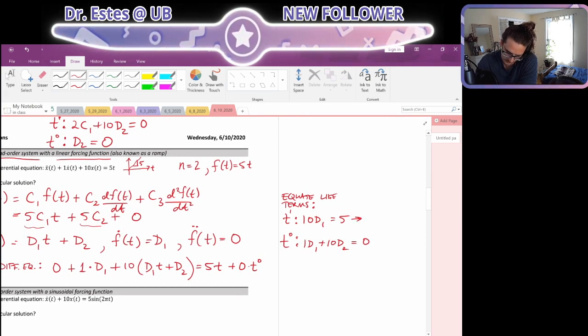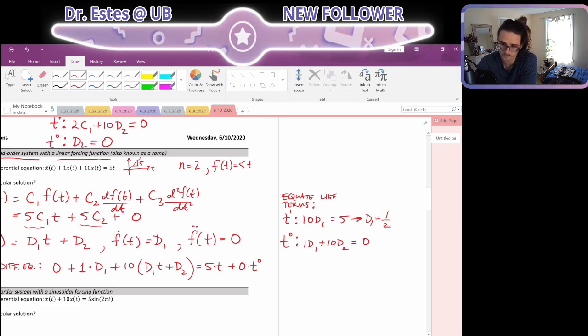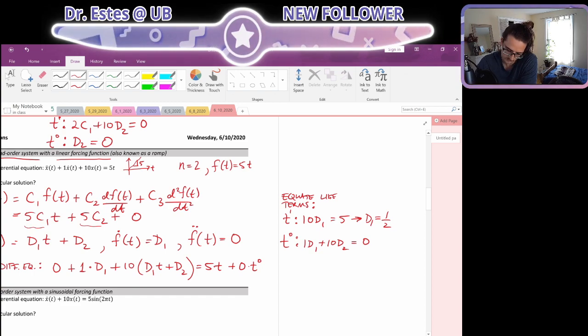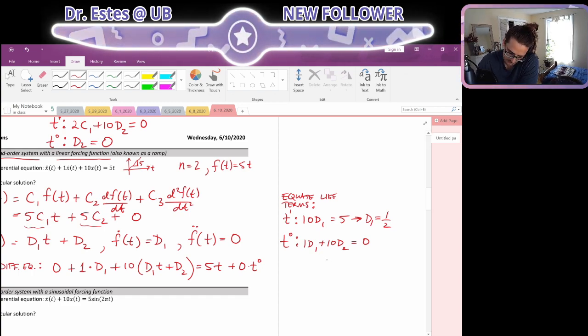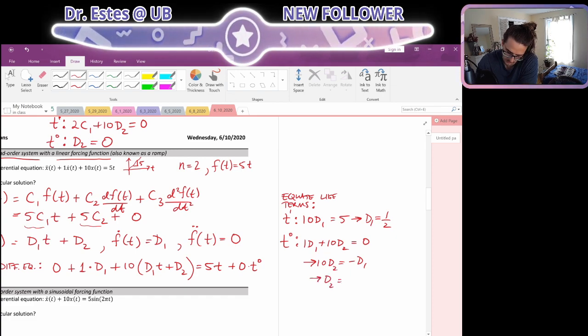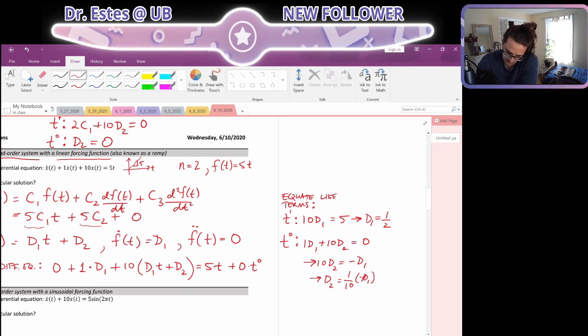All right, so from this one, we're going to have d1 equals 1/2. And from this one, we're going to have 10d2 equals negative d1. So d2 equals 1/10 times minus d1. Can't write d1. Okay. So that's going to be minus 1/20.